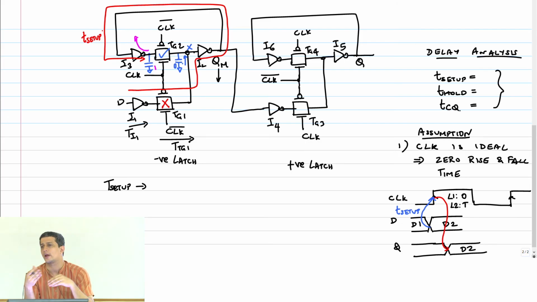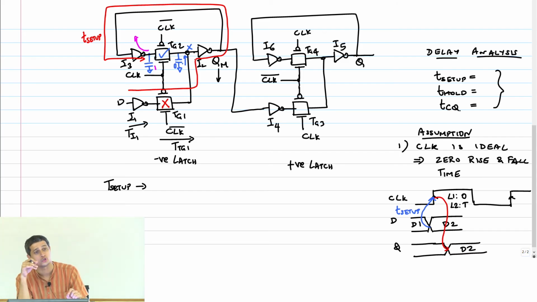Now in reality, the clocks may be non-ideal. It's not necessary that these two capacitors should always land up at a voltage which is wrong. It may land up at the right voltage, because it depends on the trip point of I2, right? So it may be fine. It depends on that feedback path and all that. So in reality, I'll tell you how to do this characterization. But what we are doing now is a theoretical experiment, a thought experiment.